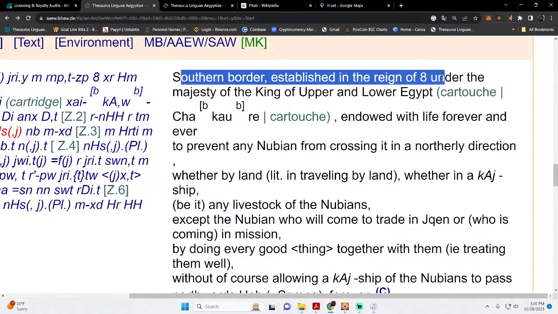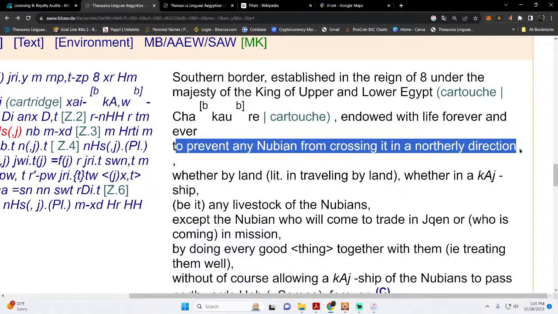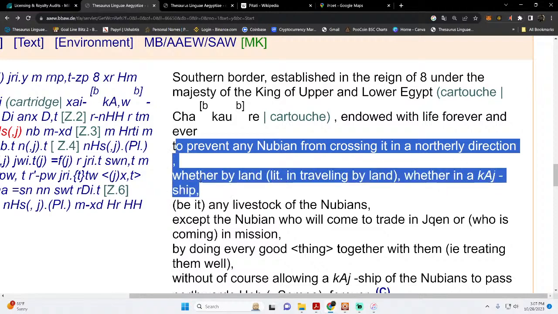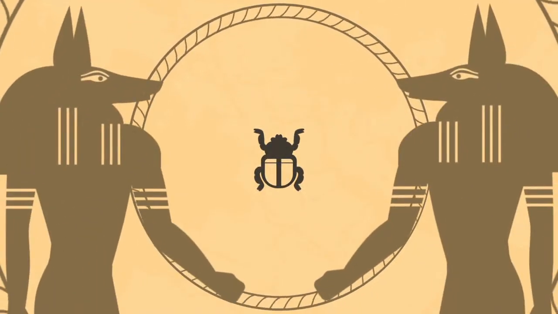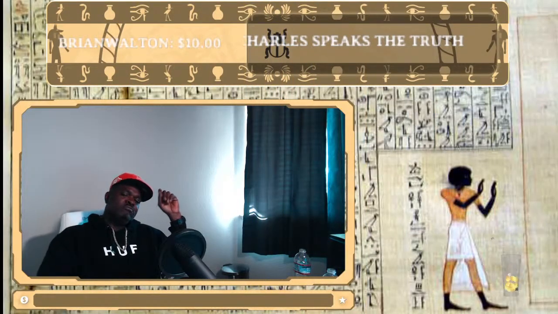Southern border established in the reign in year 8 to prevent any Nubian from crossing into the northern direction. Now stop here. In this context, primarily, let me add my handsome effigy to this video, so you can understand what's really going on.